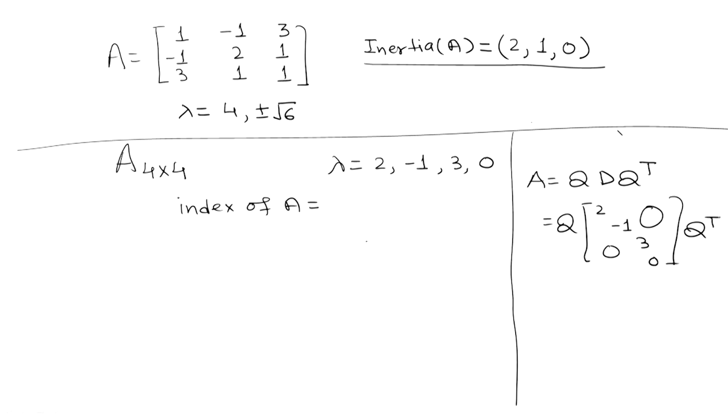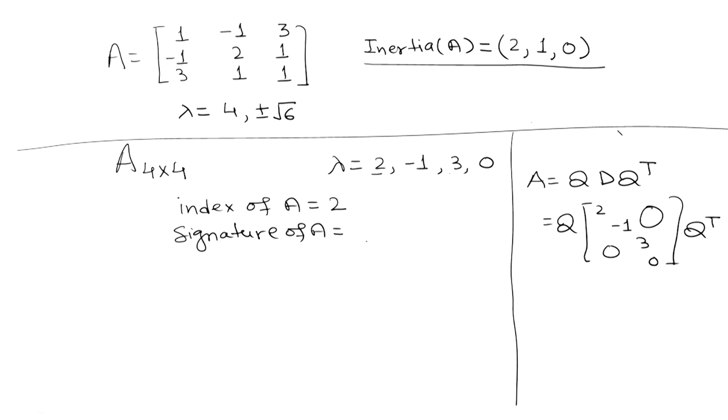So, here the index of A is the number of positive entries, which is 2. The signature is the number of positive entries minus the number of negative entries.